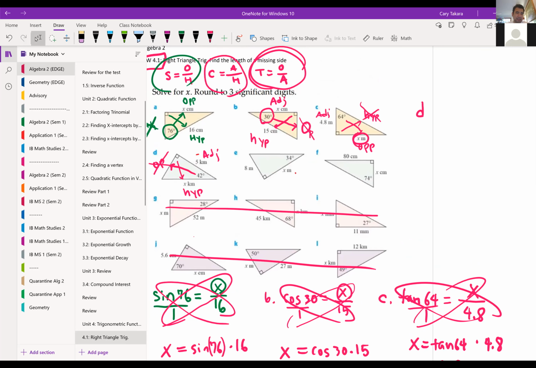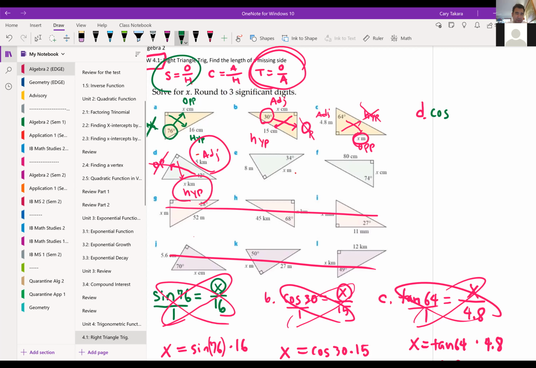This is a cosine problem, isn't it? Are you thinking about cosine? It's adjacent and the hypotenuse combination, and that's cosine right here. So it's cosine.